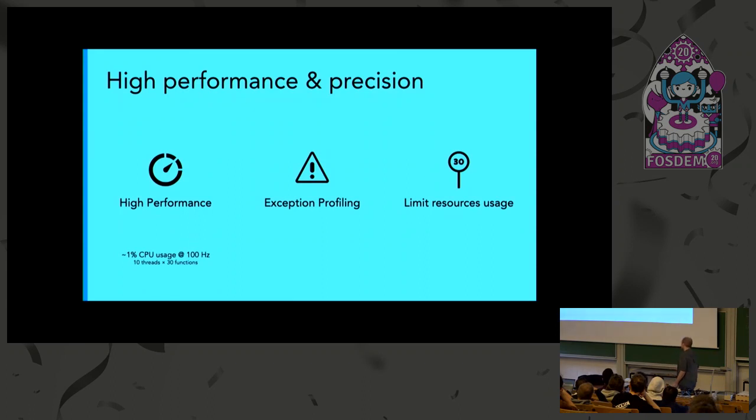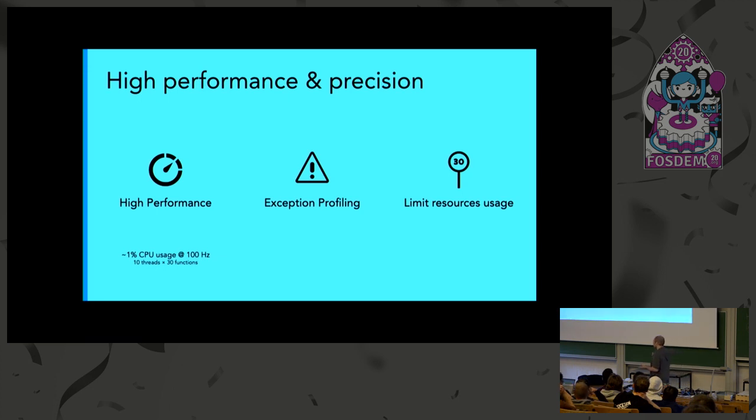So as I was saying, it's a way better way to do profiling in production systems because it has a very low overhead. So, for example, on my laptop, if I profile a Python program with 10 threads, each one executing 30-function-long stack traces, I can poll and generate 100 samples per second for only 1% of CPU.